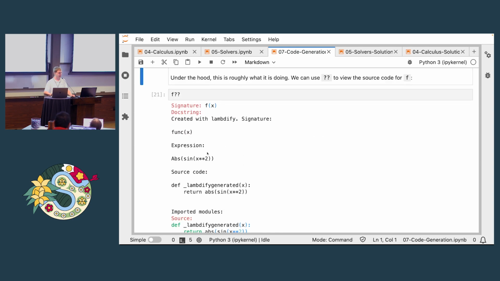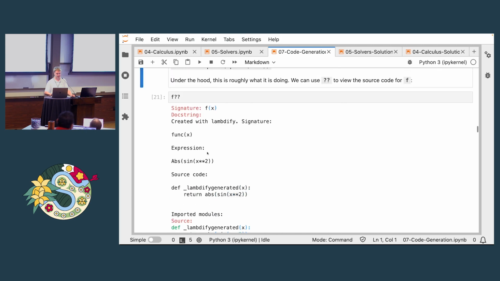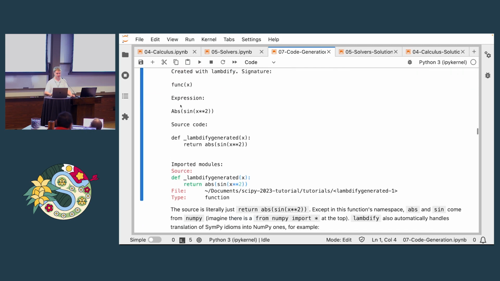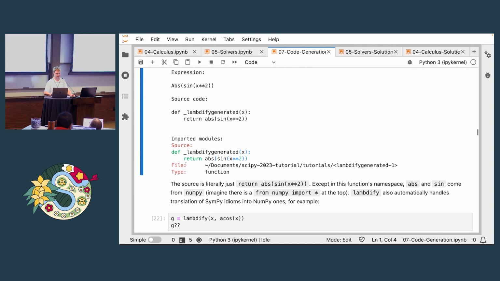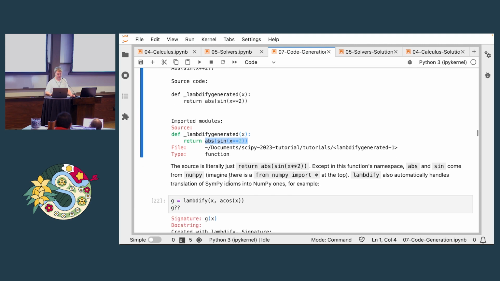And so what lambdify is doing is, if we use this double question mark, we can look at the source code of f here, and we can see it looks like it's just returning the absolute value of sine of x squared, which is the original expression. But the key thing is that in this function, this abs is actually the NumPy absolute value function, and this sin is actually the NumPy sine.